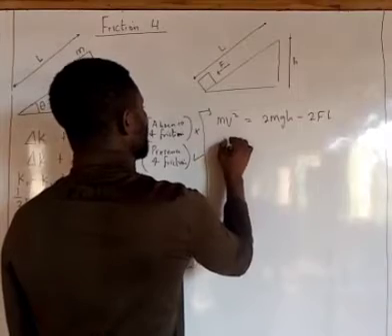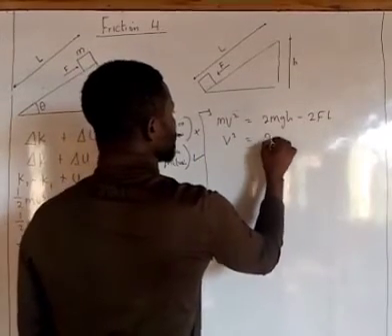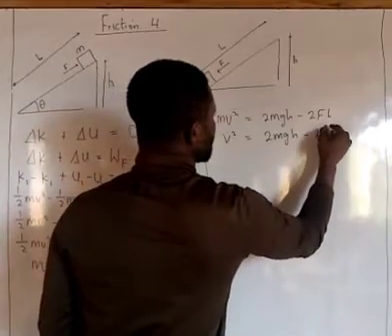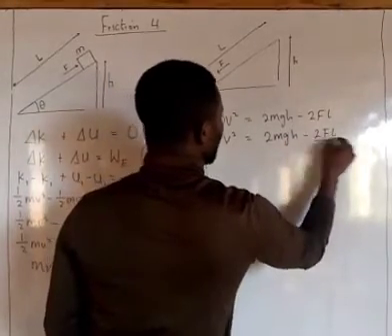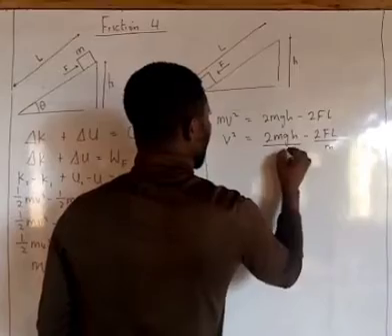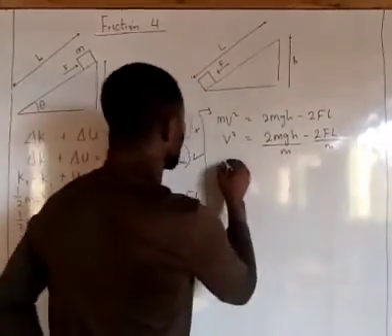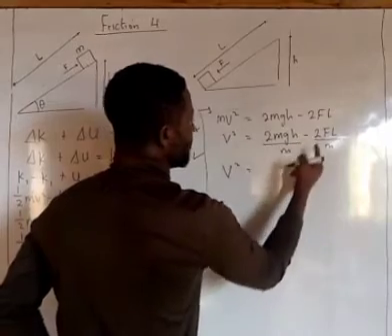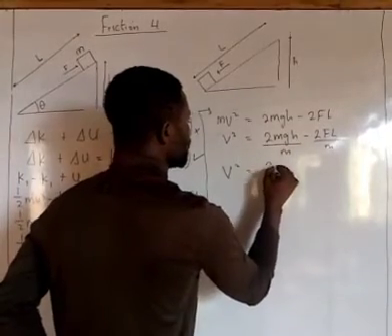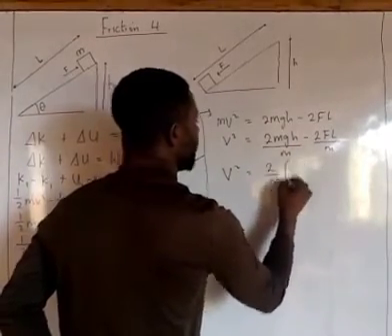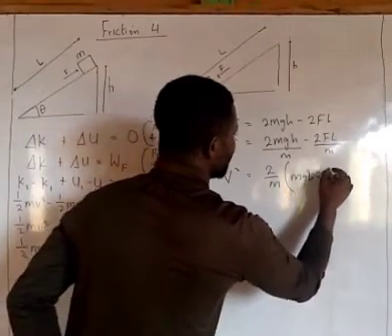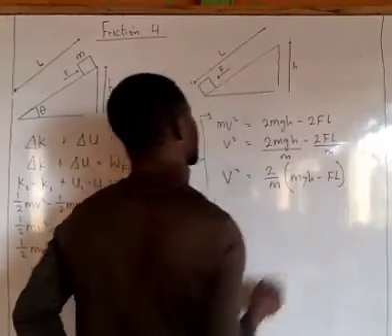So we have v square is equal to 2mgh minus 2FL over m. So v square is equal to 2 over m, open bracket, mgh minus FL.